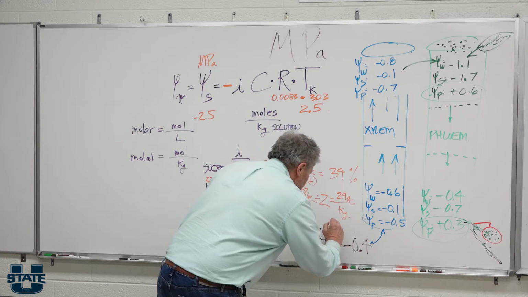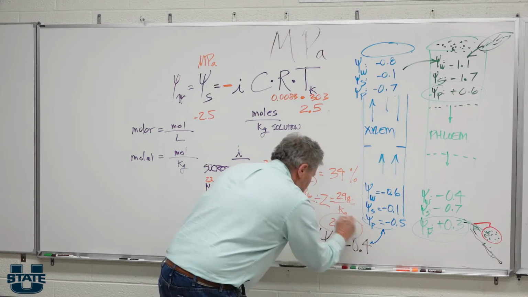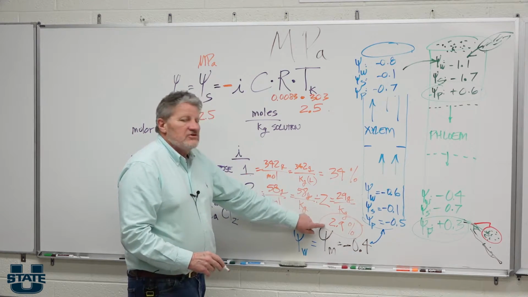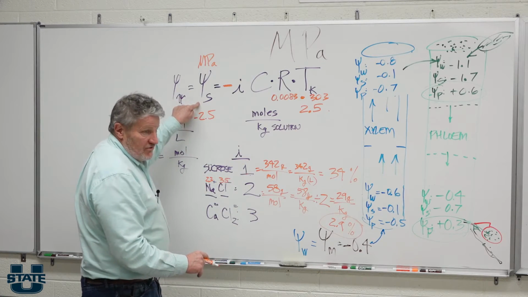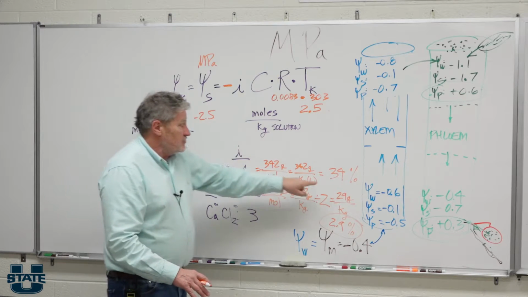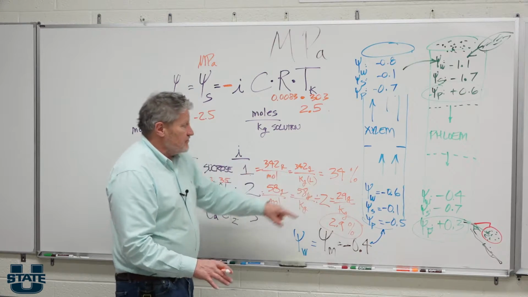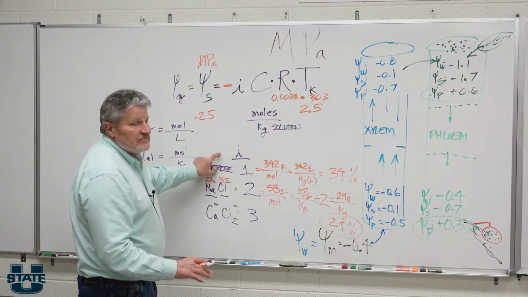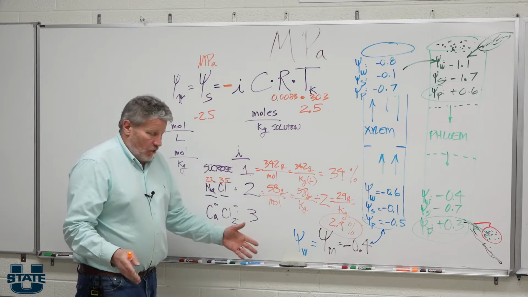Where can I write this? 2.9%. The point here is that ions have a big effect on osmotic potential, and sugars, you really need a heavy weight of sugar for osmotic potential. I should do this as a demo.